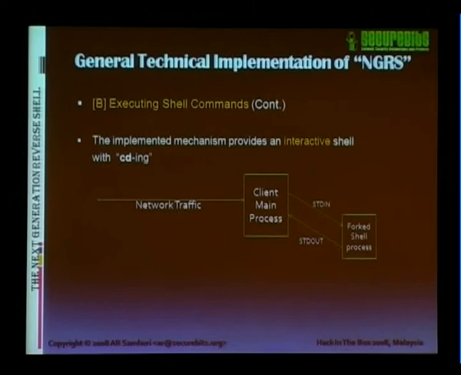Okay, here's the diagram. You can see the main process. It forks a shell process, and the shell process is piped to the main process. Any command coming to the main process can be diverted to the forked process, and then the result is read back from the forked process.